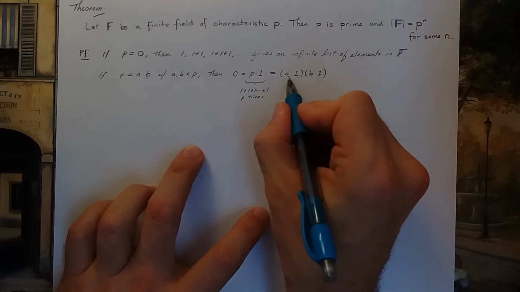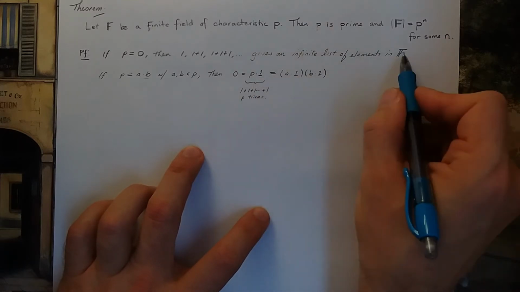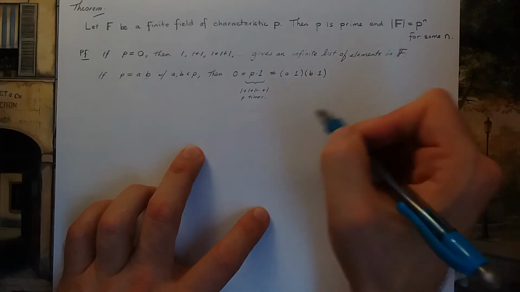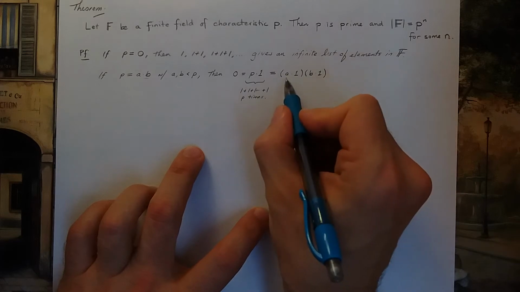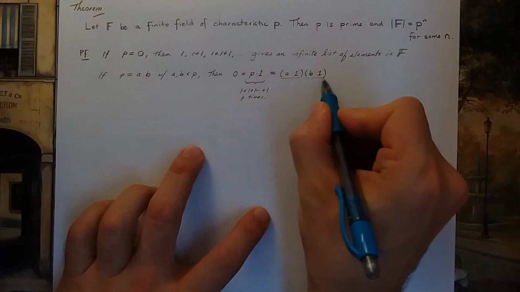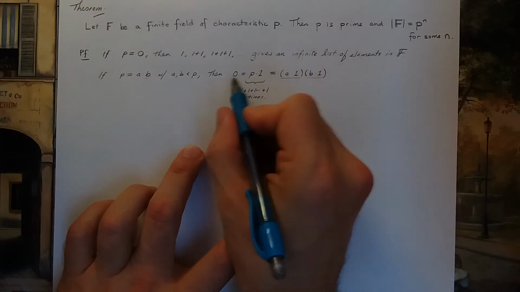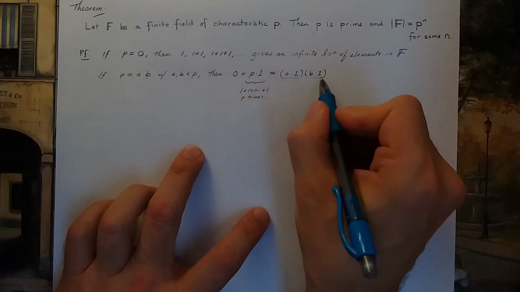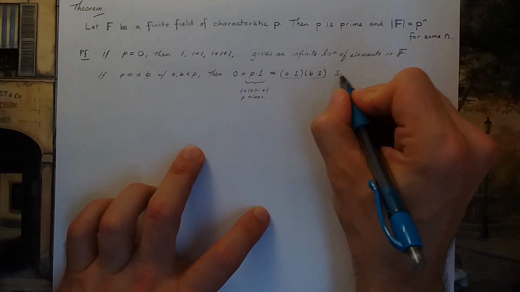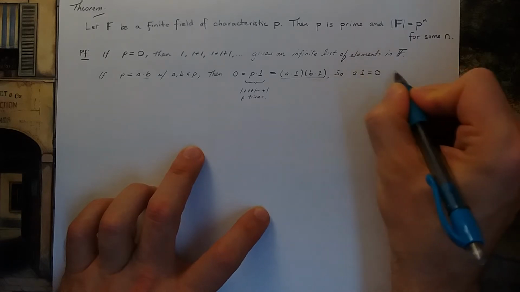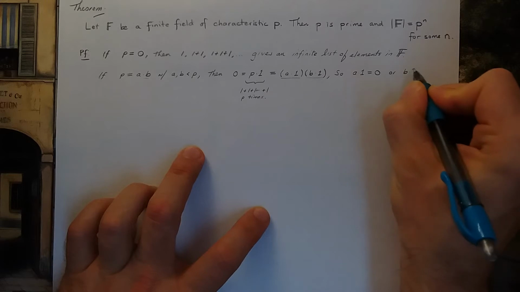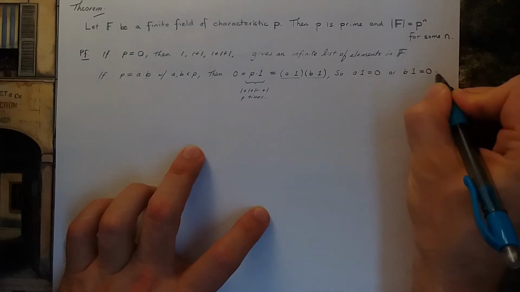And I'm in a field F, which is an integral domain. In an integral domain, when you have the product of two ring elements equaling 0, one of them has to be 0. So either a times 1 equals 0 or b times 1 equals 0.